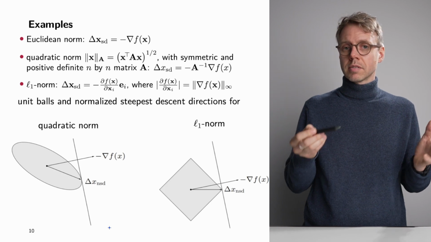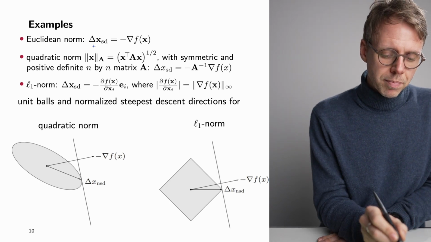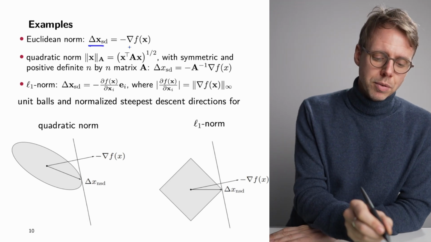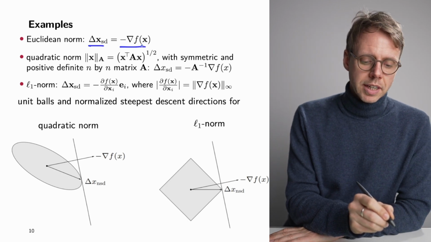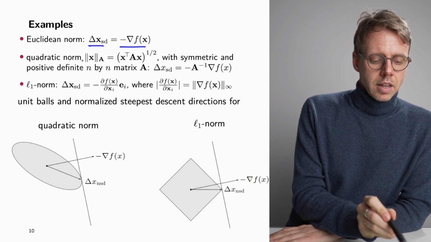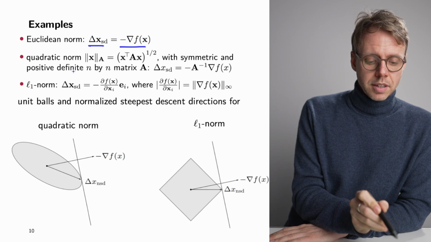So let's look at other examples. We already said that for the Euclidean norm, delta x steepest descent would be the negative gradient, so that would be our gradient descent direction. But in principle, we could have any other type of norm.